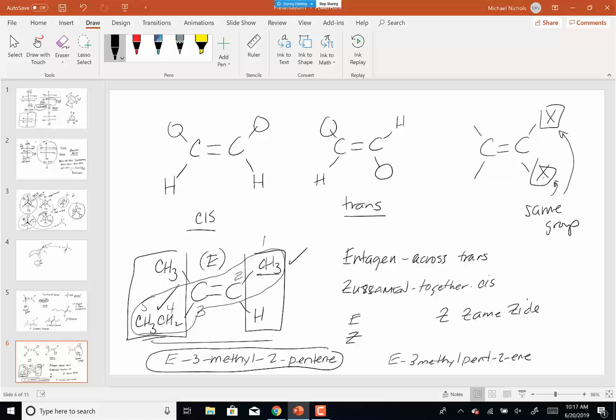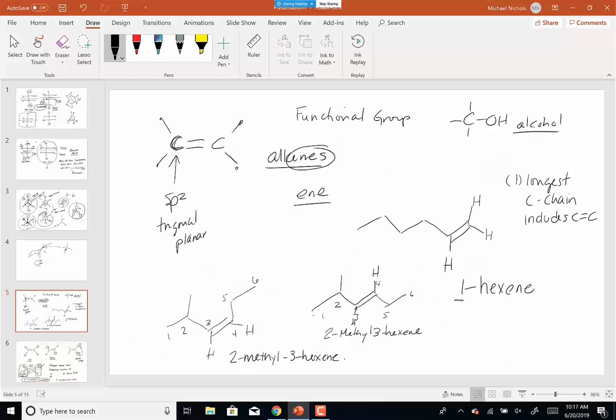Yes. So you could go back to the molecule that we did here and say, okay, one of these is E, one of these is Z, or one of these is cis, one of these is trans. So you can always use EZ as a substitute for cis or trans. But you cannot use cis or trans as a substitute for EZ.